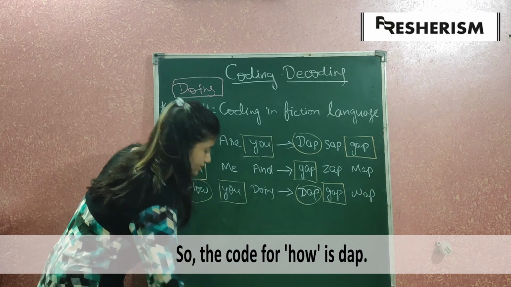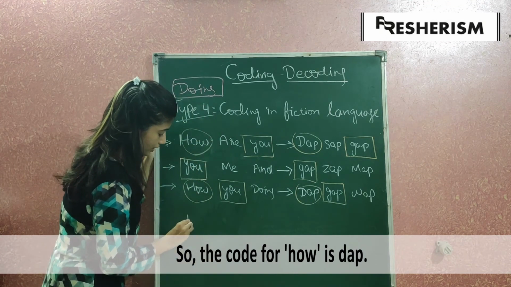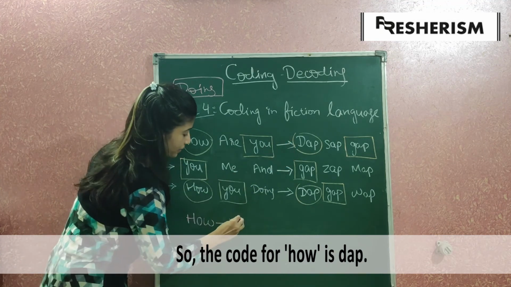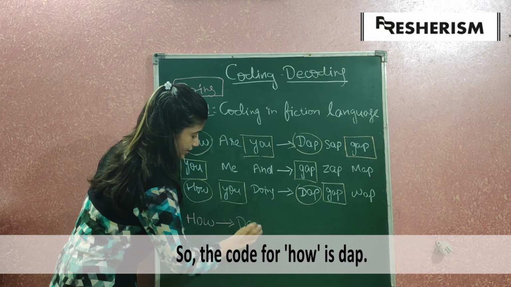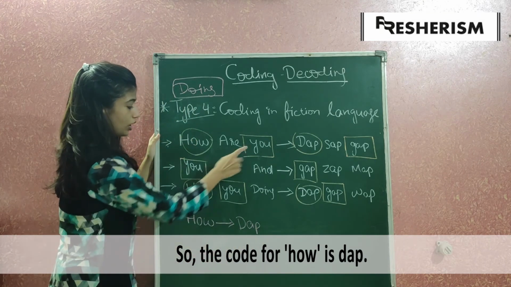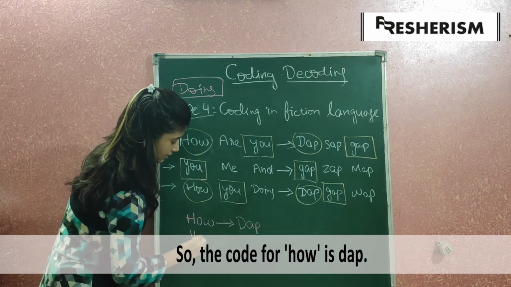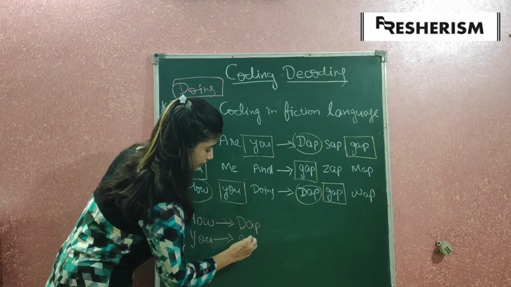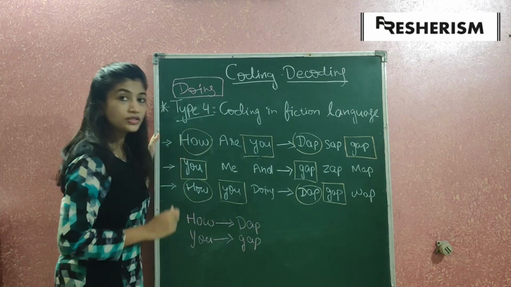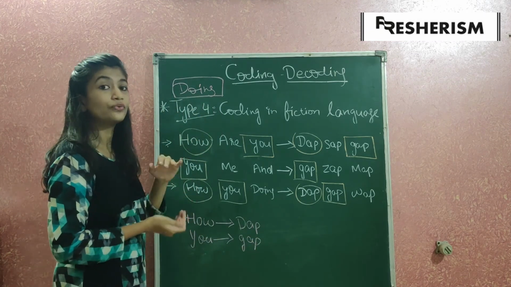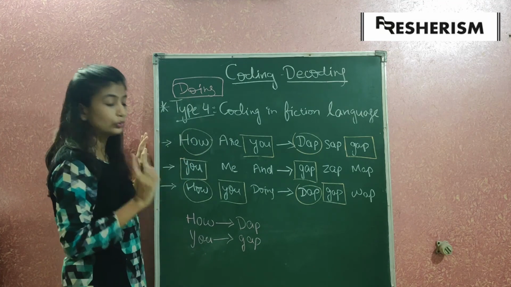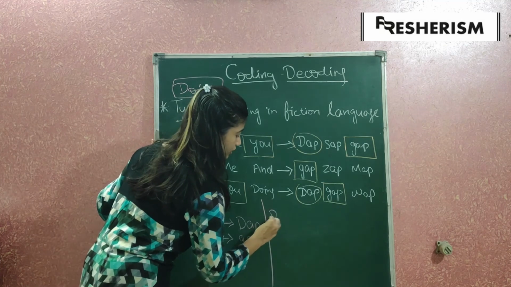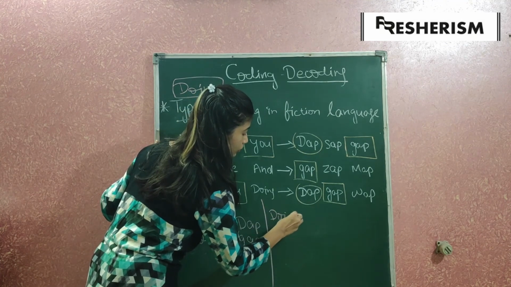This shows that the code for how is DAP. The code for you is GAP. What was the question? The question was to find the code for the word doing.